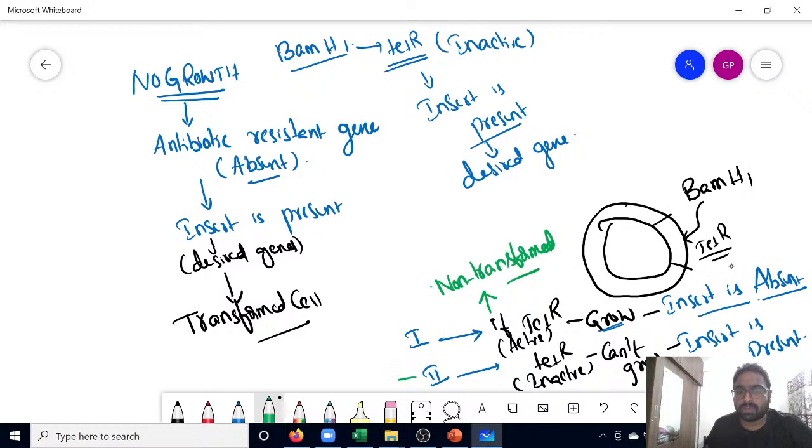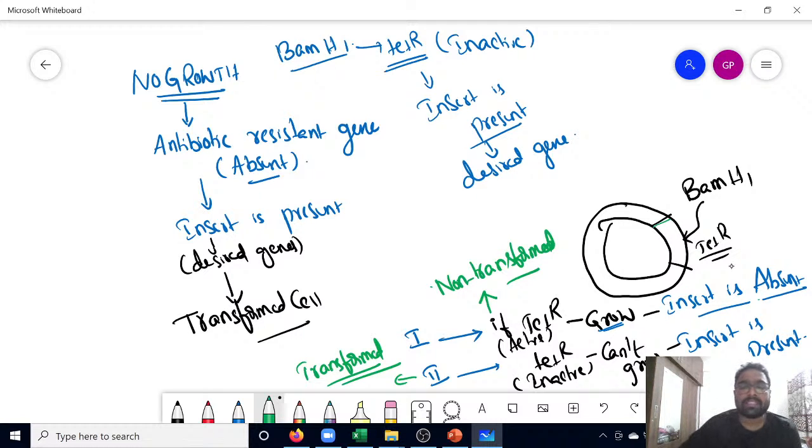Then case 2: TET-R is inactive means in that place we added our gene. So that's why it can't grow, because the antibiotic resistant gene is inactive. If the antibiotic resistant gene is inactive means insert is present. If insert is present, then it is called non-transformed or transformed? Transformed.